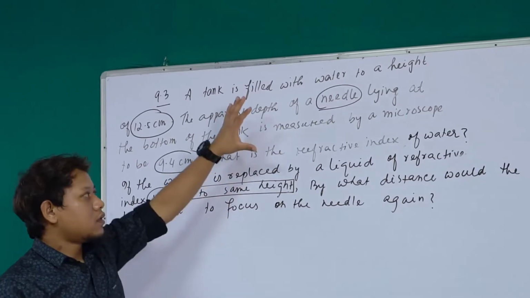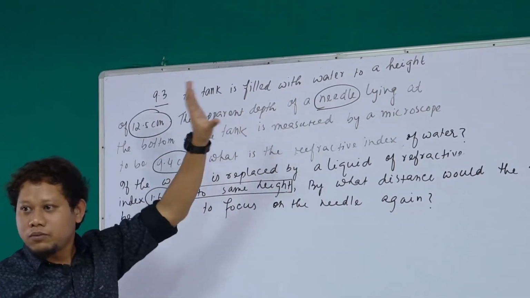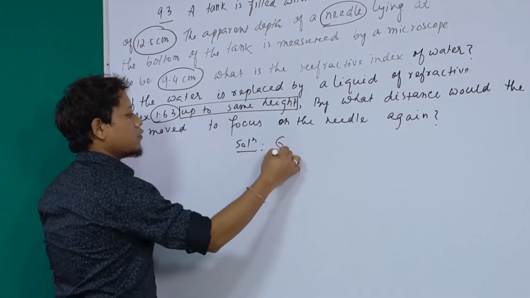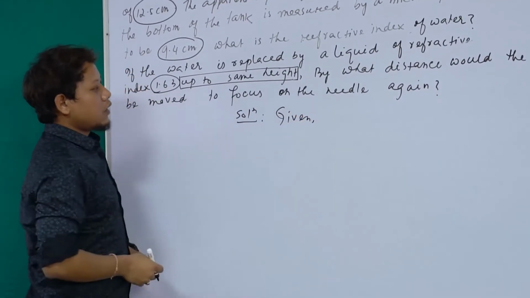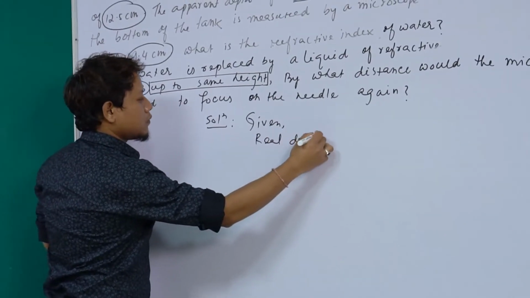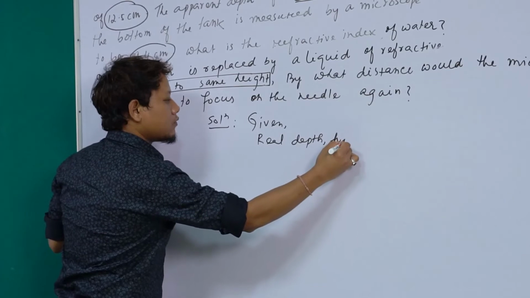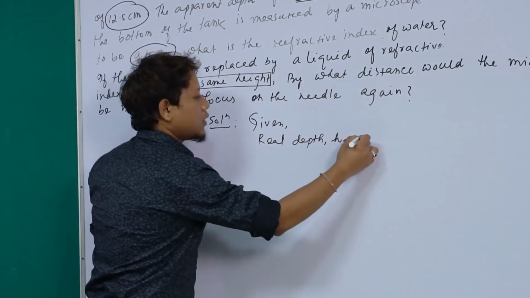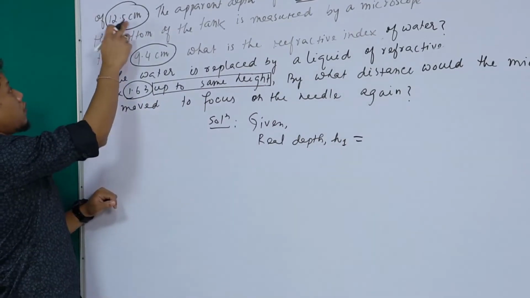Let's solve the first part of the question. So here is the solution. We'll write what is given. Real depth is generally denoted by H1, and it is given in the question as 12.5 centimeter.